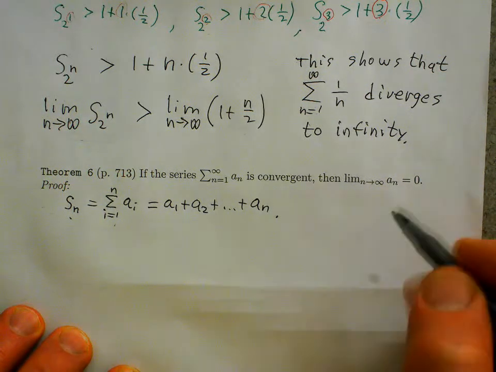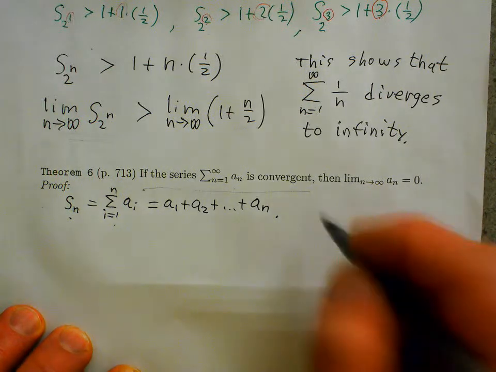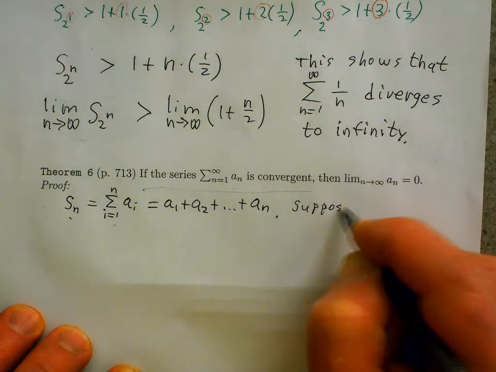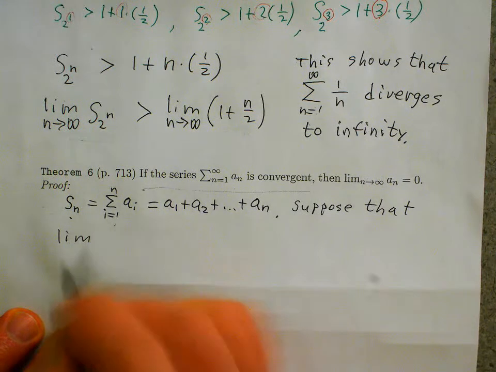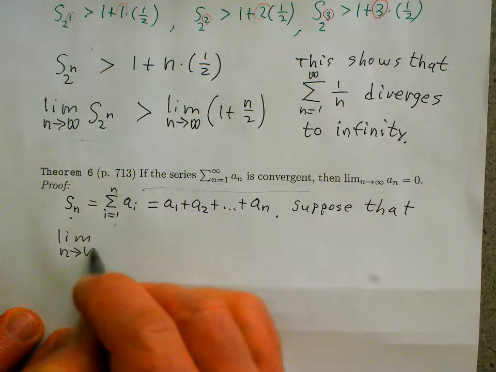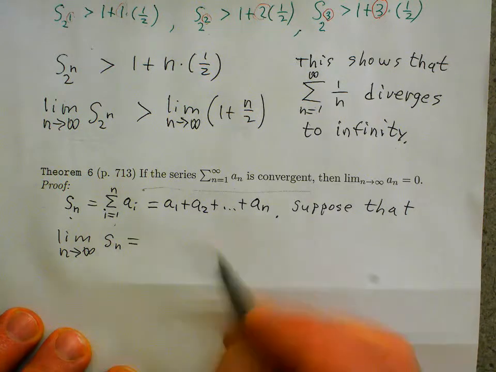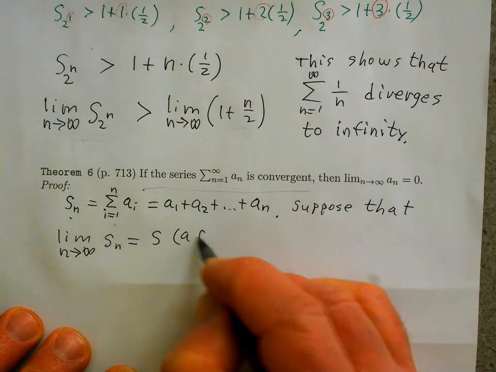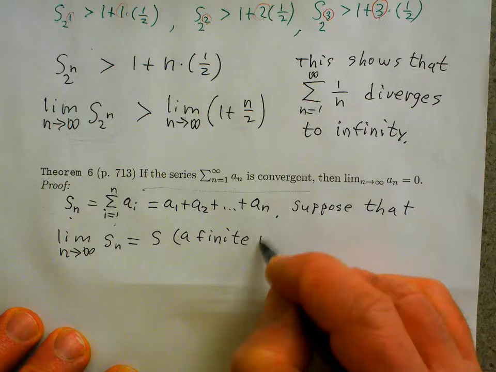So since we're given that the series is convergent, we'll just suppose that the limit as n approaches infinity of the sequence of partial sums is equal to s. If it's convergent, then the limit is a finite number.